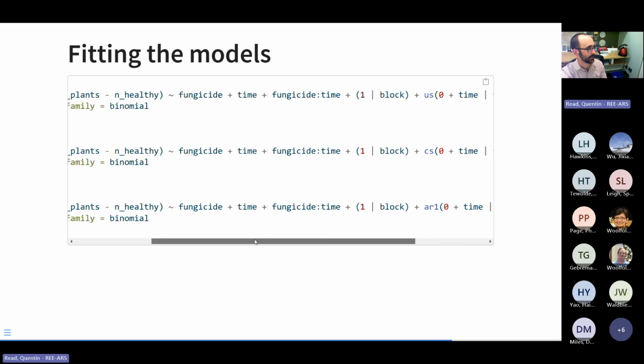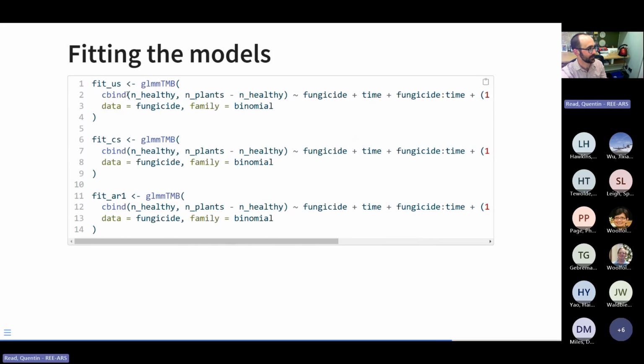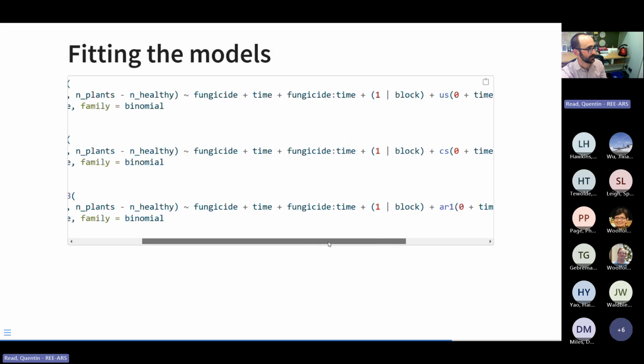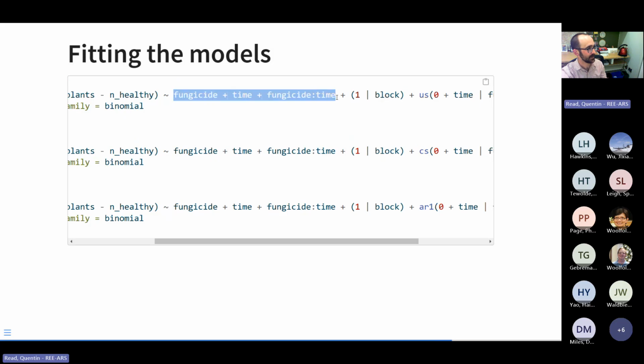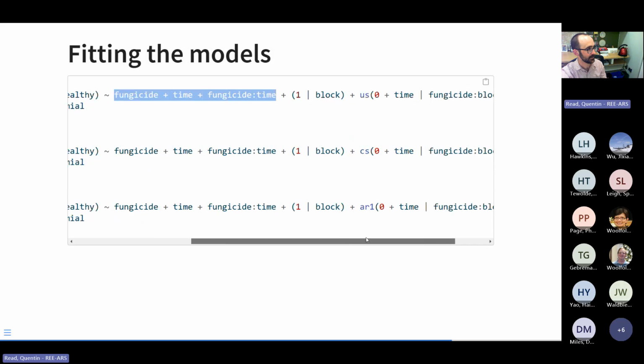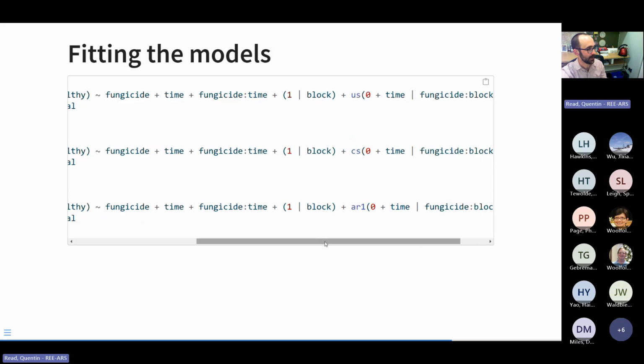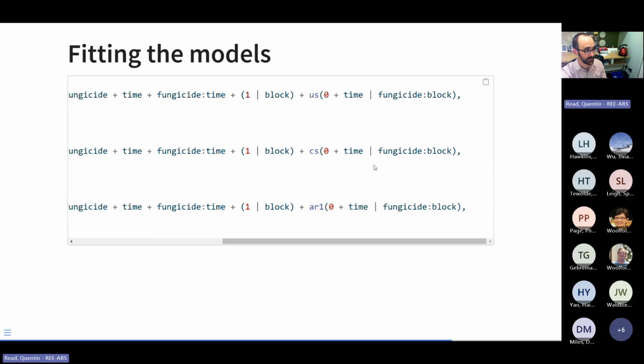Got it. So all these formulas are the same. The response variable is the number of healthy plants and the number of diseased plants. The fixed factors are the fungicide treatment, time, and their interaction. We have a random intercept for block, and we're modeling the repeated measures within plot over time.